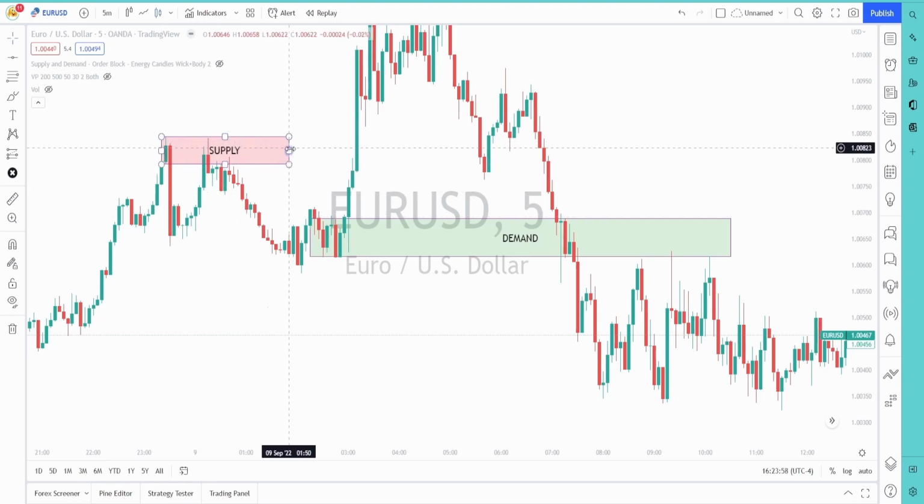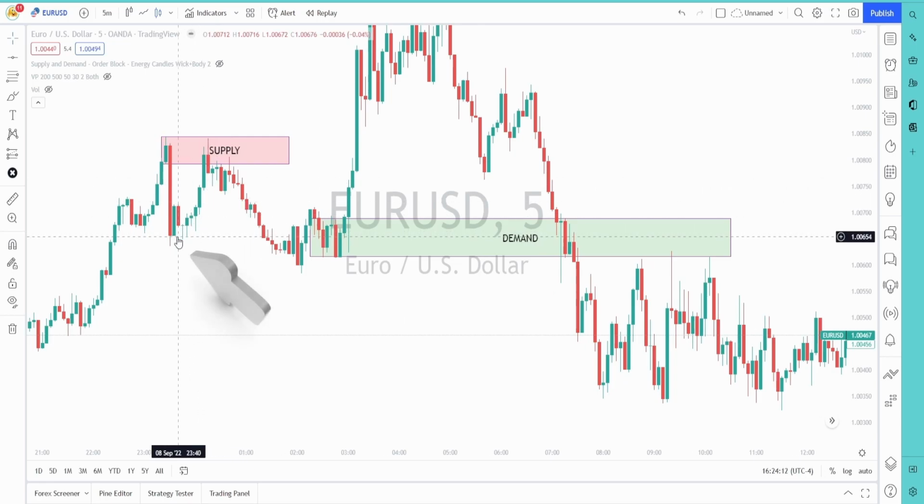We marked the area off, and you may have been targeting the low here, or the low on the 1 minute, whatever you choose. Whatever your target is, that's for you to decide, but you need to stick to it and follow it to find out if it's going to work for you.